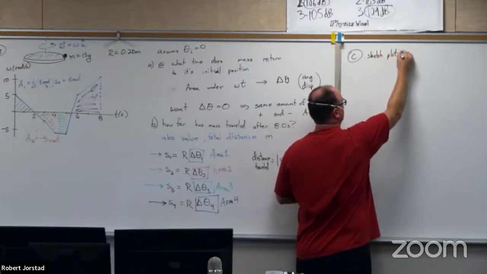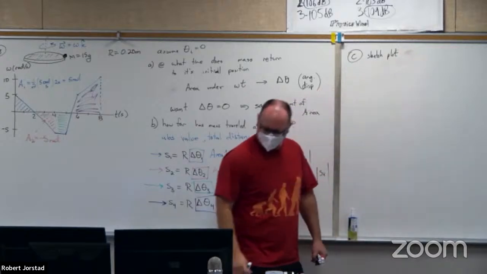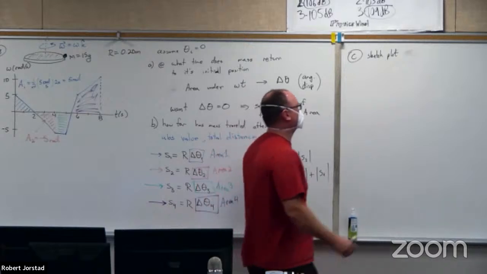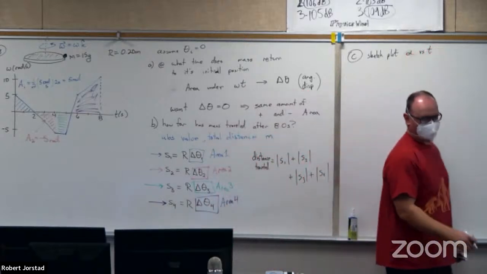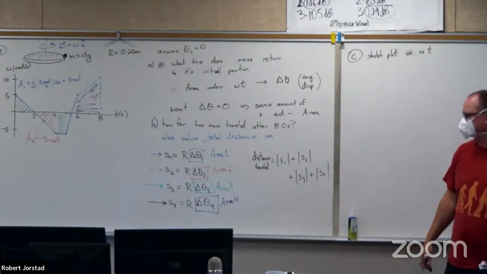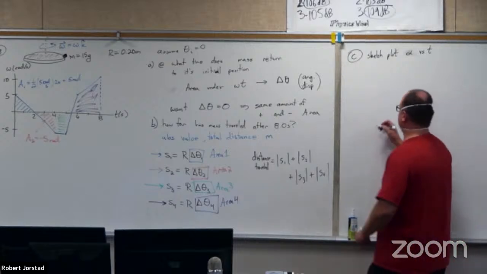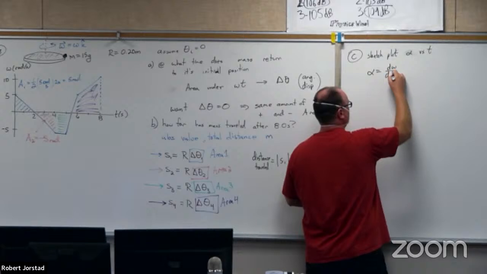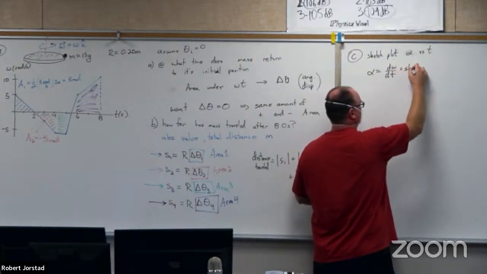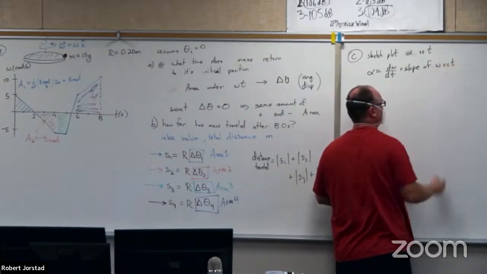What are we plotting? A tan? Or no, alpha, or what? Alpha. How do you get alpha from a plot of omega? Slope. How do you know that? Alpha equals d omega dt. That's the slope of omega versus t, right?